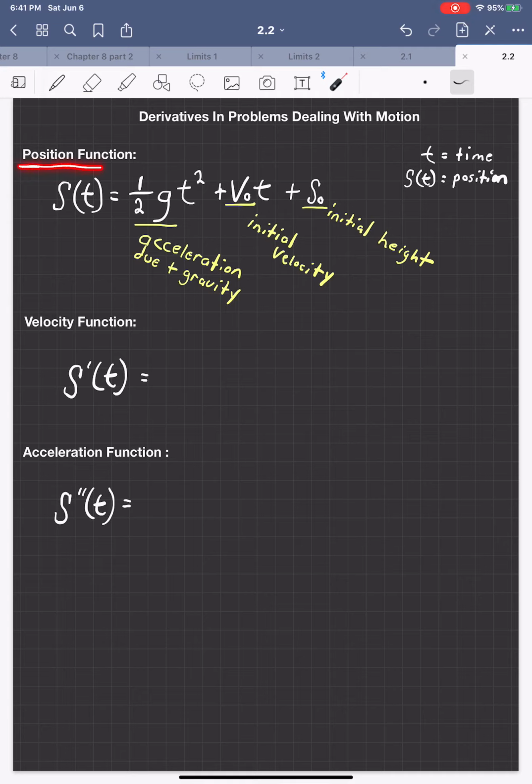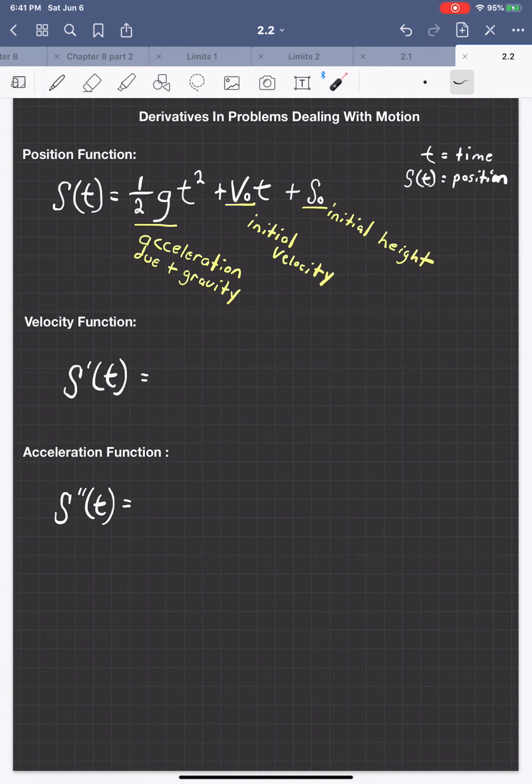So a position function is as simple as, if you give the function a time, it will give you a position, right? So we use s of t to represent the position function. So again, what are you plugging in? Well, you're plugging in times, and then what you get back out is position.